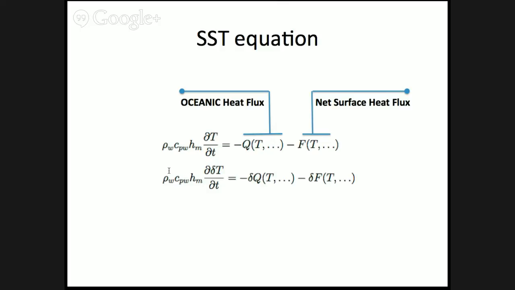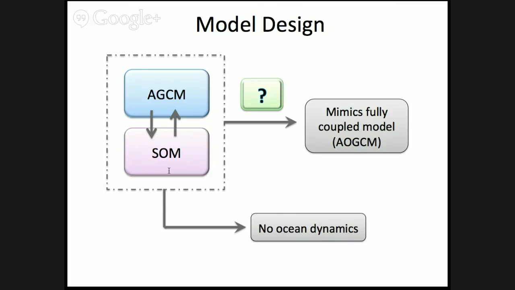When you eliminate one of them, the other two change. So we have to find a way to eliminate one of them and see what the pure other one is contributing. Here's the model design.